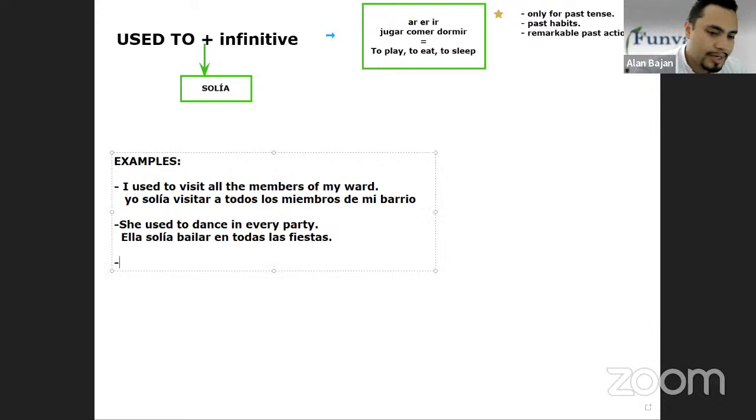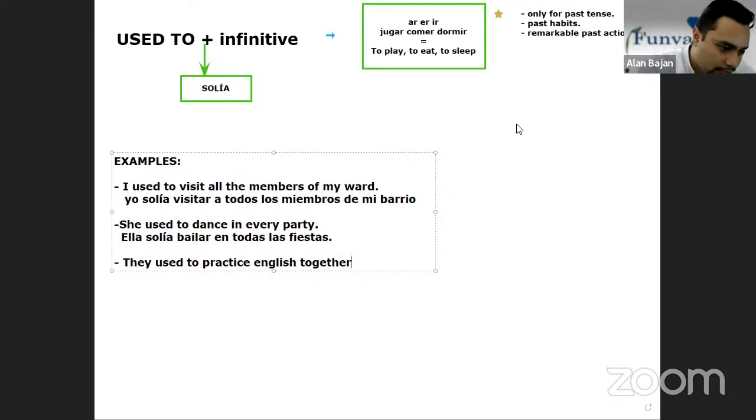That's the meaning in Spanish. And they used to practice English together. They used to practice English together.